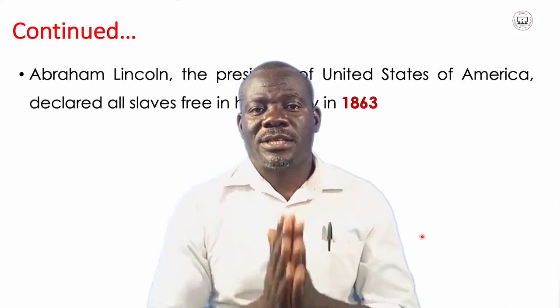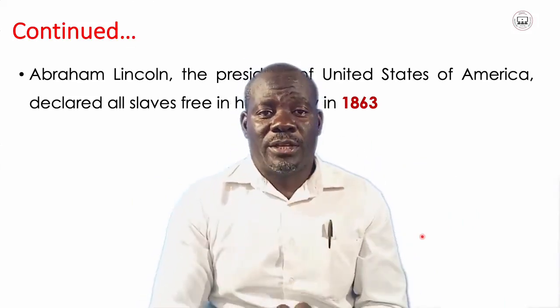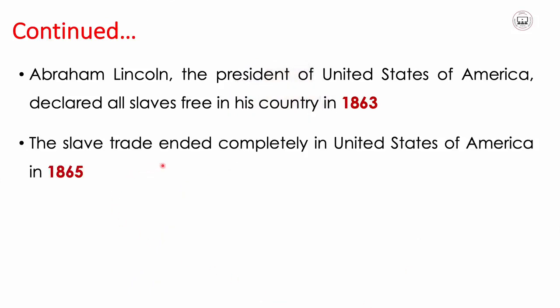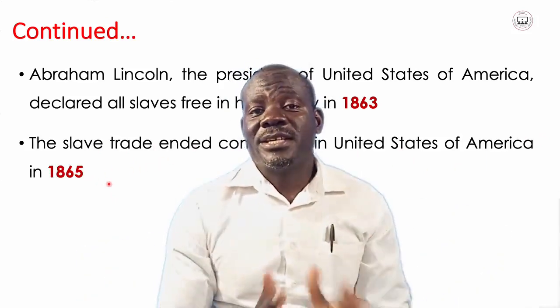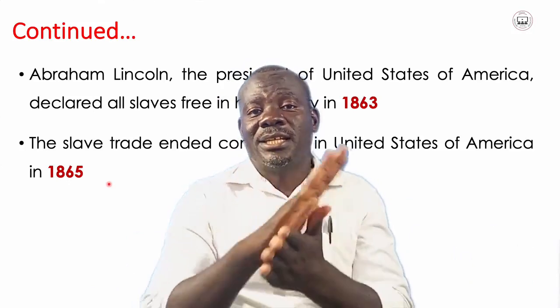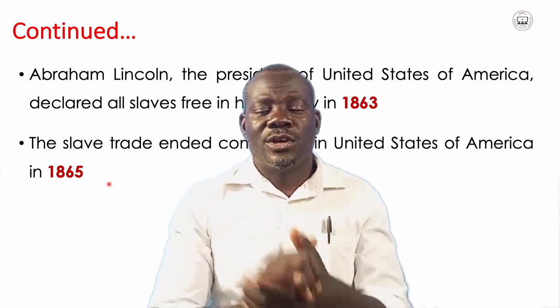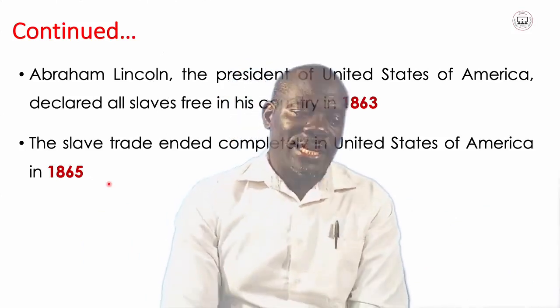Those who have slaves, they should be free, starting from that year, 1863. And the slave trade completely ended in the United States of America in 1865. So by 1865, slave trade completely ended in America. No one was sold as a slave. No one was regarded as a slave.